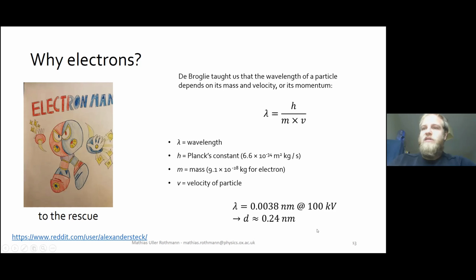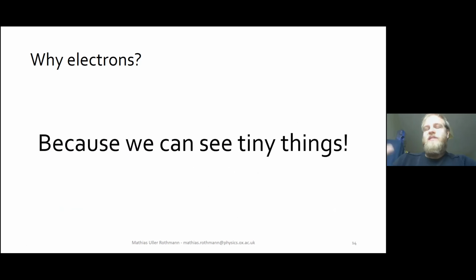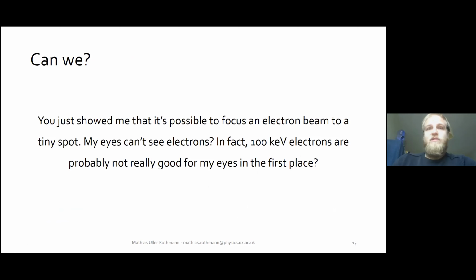So now we can actually start distinguishing things on an atomic level, or at least this means that we can focus a beam to allow us to do this. So we can see tiny, tiny things with electrons, which is very, very cool.